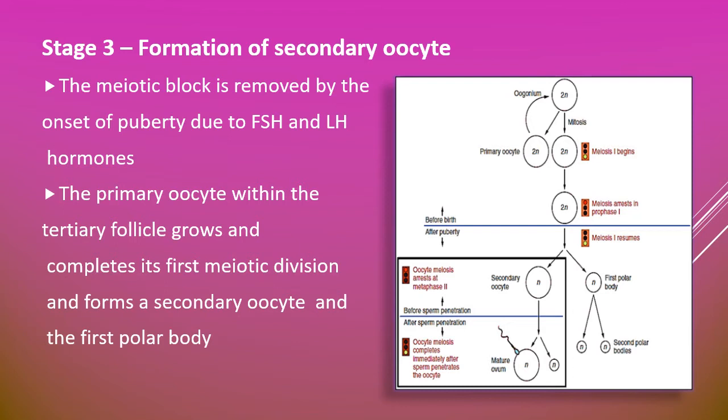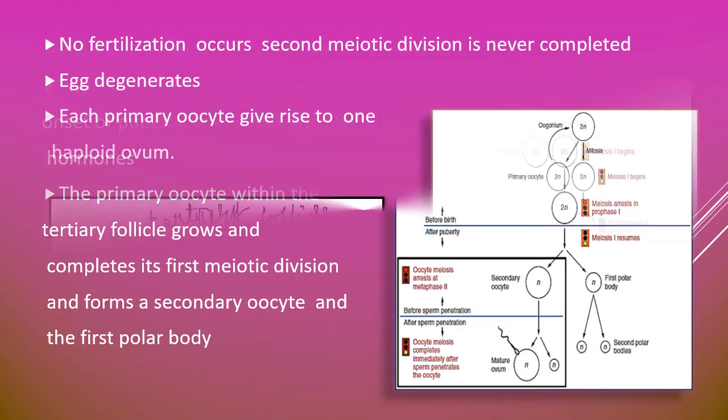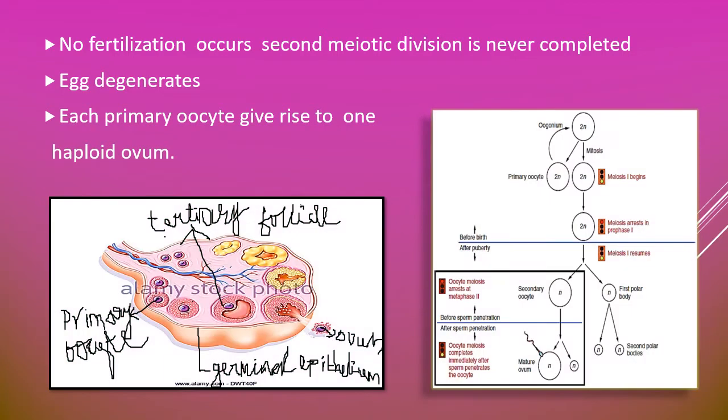By this process, the primary oocyte gets converted into a secondary oocyte and a first polar body. Now, the polar body undergoes meiosis to form two second polar bodies. If there is no fertilization, the second meiotic division never completes and the egg degenerates.